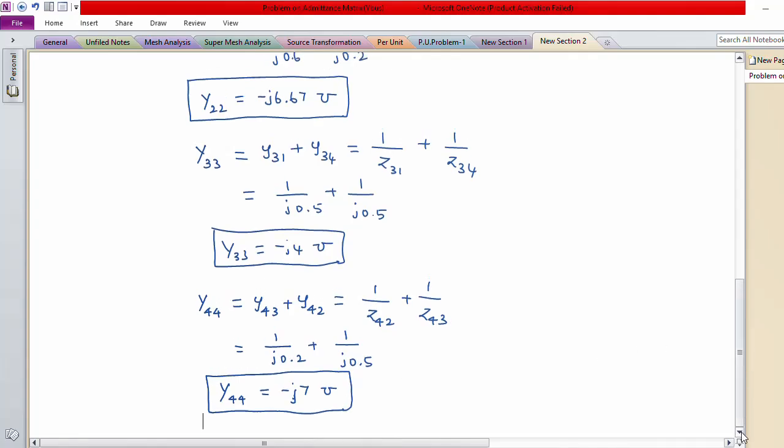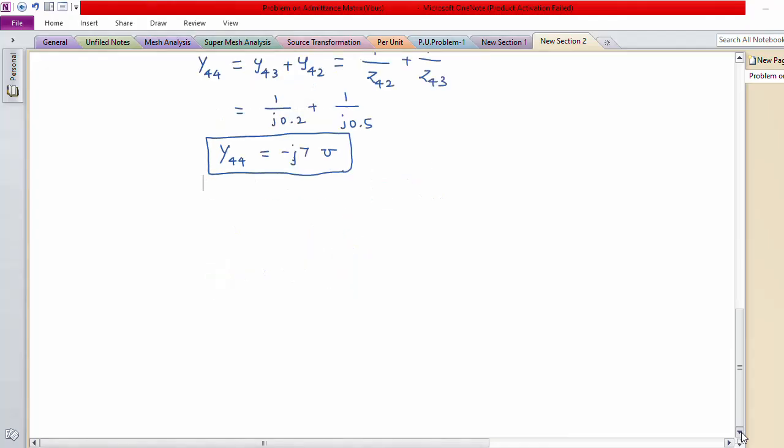The other name for diagonal elements is self-admittance elements. Now we have to determine the off-diagonal elements. Here totally we are having 4 buses, so we have to calculate Y12, Y13, Y14, Y21, Y23, Y24.